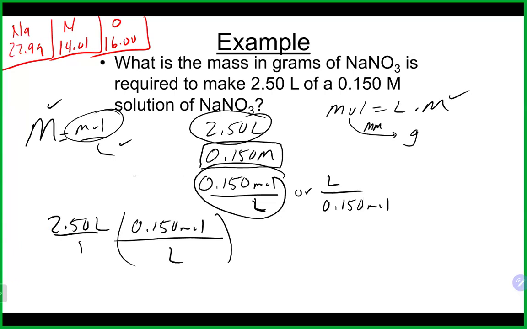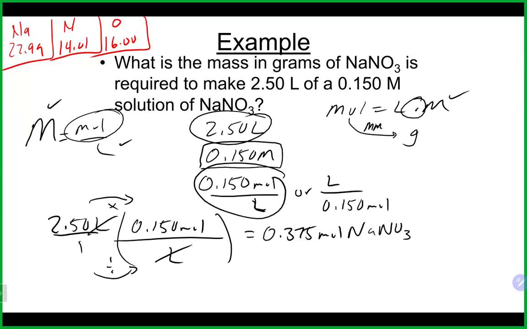And it tells me now math, I'm going to multiply these, which is essentially what we're doing here. That's going to get me 2.5 times 0.15. It's going to give me, I believe, 0.375 moles, as the liters will cancel, of sodium nitrate.